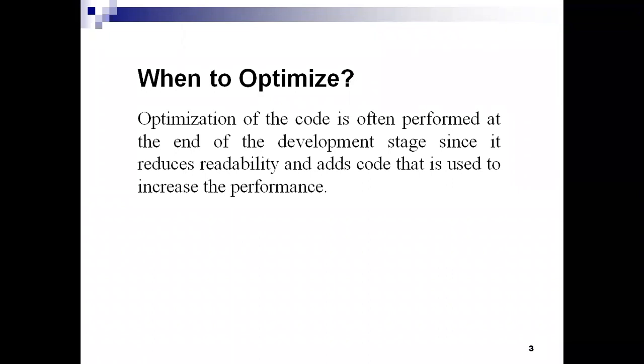At each and every phase, we're performing optimization, but we're not showing it, because phase by phase we need to improve the efficiency of the code. Only then will the target code be efficient.